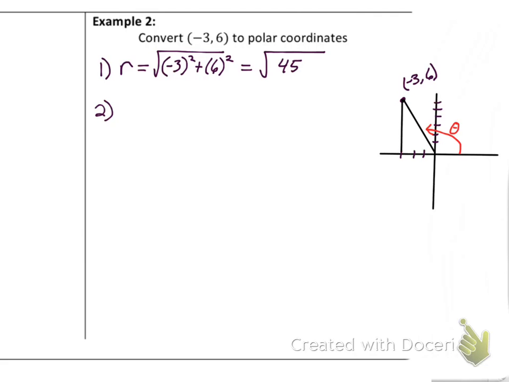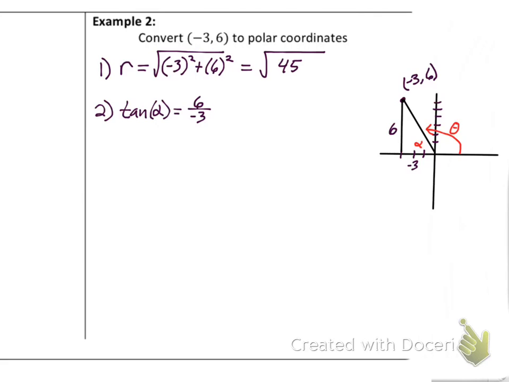So our distance is going to be negative 3. Our height of this triangle is 6. And I'm going to go ahead and call this angle alpha, so we don't have two thetas up there. All right, so the tangent of alpha is going to equal opposite over adjacent, because TOA, opposite over adjacent, which is 6 over our negative 3.